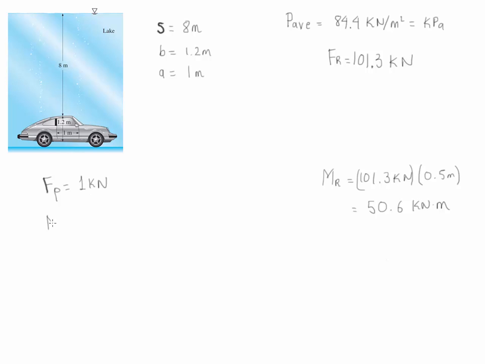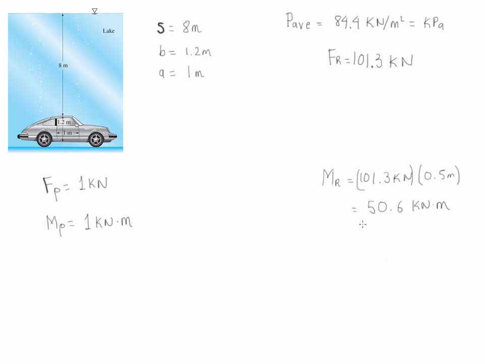So let's calculate the moment that is created by the person. 1 kilonewton times 1 meter is about 1 kilonewton-meter. Once again, notice the difference between the moment created by the force of the water and the force that the person could create. The water's moment is about 50 times bigger.